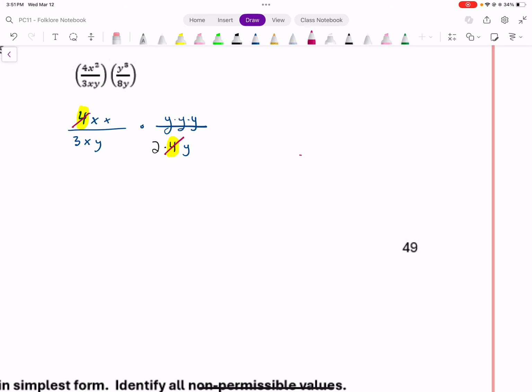If I factor the expression, I just cross out pairs of common factors. So the factor of 4, factor of x. Now, what I recognize is that I have some y's in the top and some y's in the bottom. So a factor of y cancels out with a factor of y. And in fact, I have a factor of y over here and a factor of y there. So what is left in the numerator?